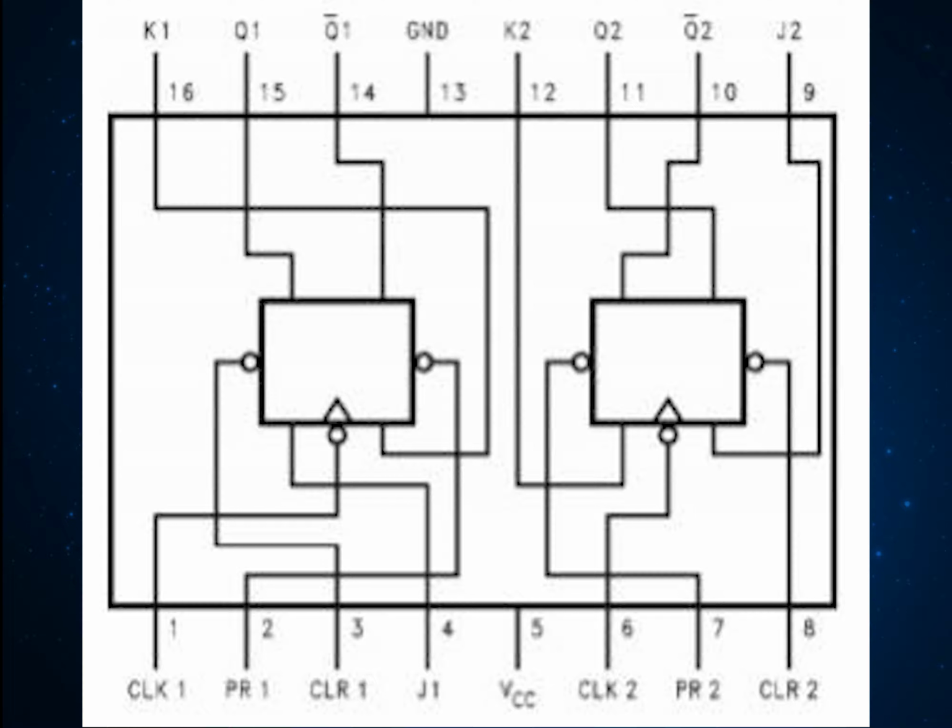For the complementary of the output, we used pin 14 and pin 10. For the clear, we used pin 3 and pin 8. For the clock, we used pin 1 and pin 6. For the preset, we used pin 2 and pin 7 while connecting pin 13 to the ground and pin 5 to VCC.